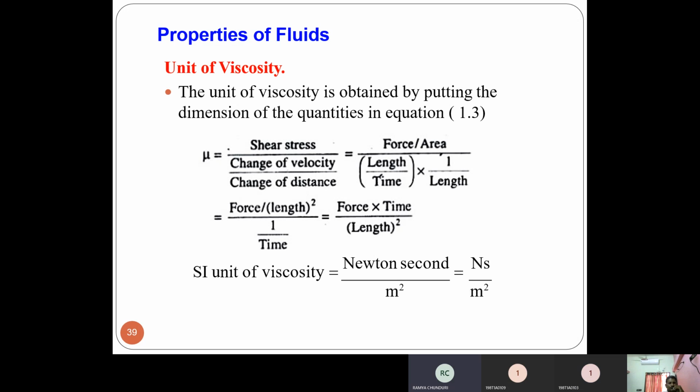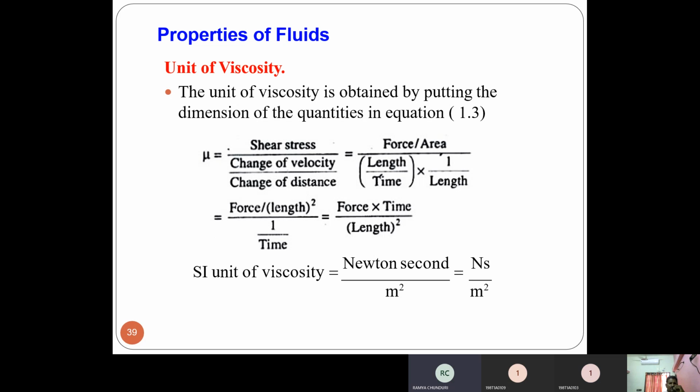Unit of viscosity: tau by du by dy. Tau means shear stress, du means change of velocity, dy means change of distance. Stress is equal to force per area. Change of velocity is length by time, and change of distance is expressed in length.